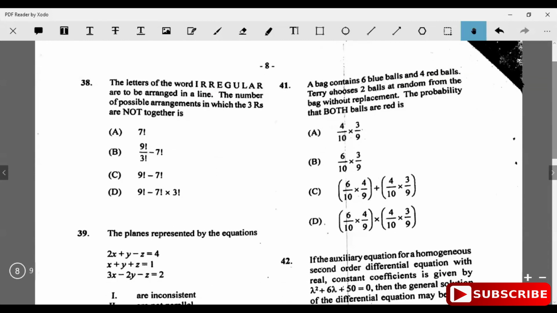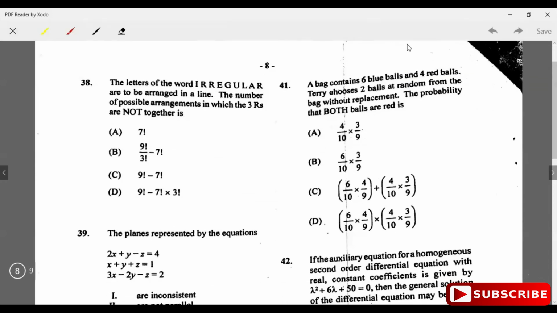All right, question 38. This is another repeat. What's question 38? Dog. Yes, question 38 is dog. Why is it dog? First things first, it's permutation using repetition.